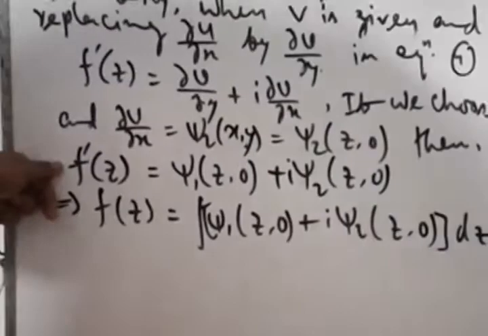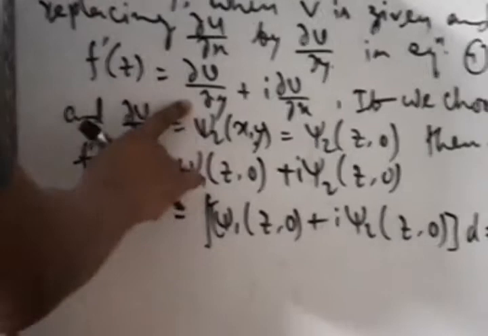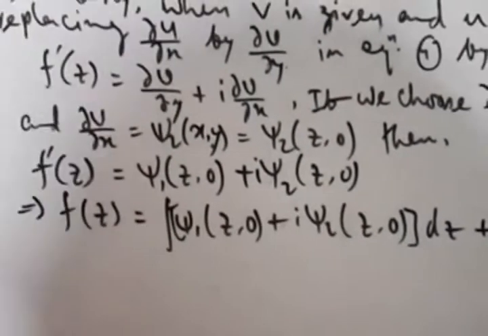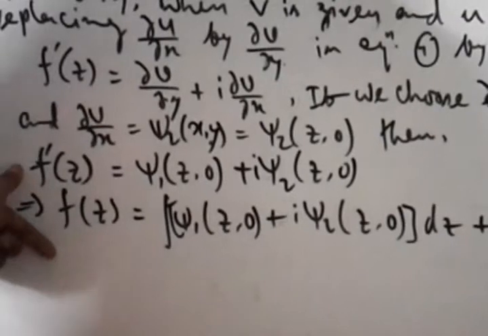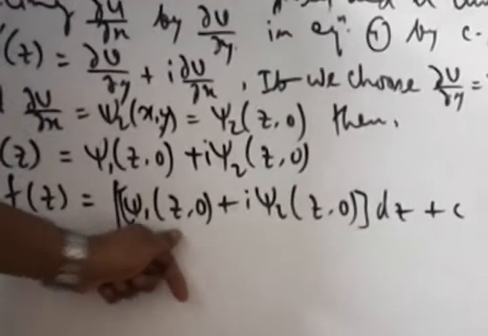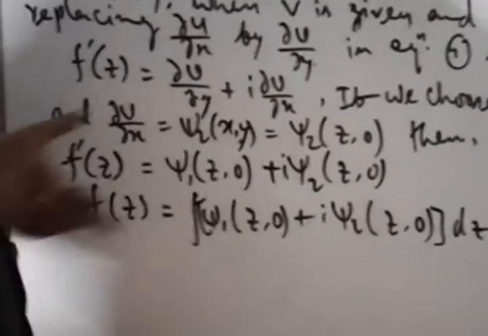Then we get f prime z is equal to psi 1 of z, 0 plus i psi 2 of z, 0. Now by integrating with respect to z, we get f(z) is equal to the integration of psi 1 of z, 0 plus i psi 2 of z, 0 dz plus c. So this is also our finding for the construction of an analytic function.